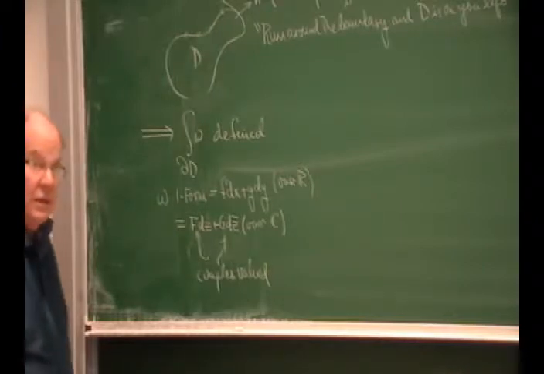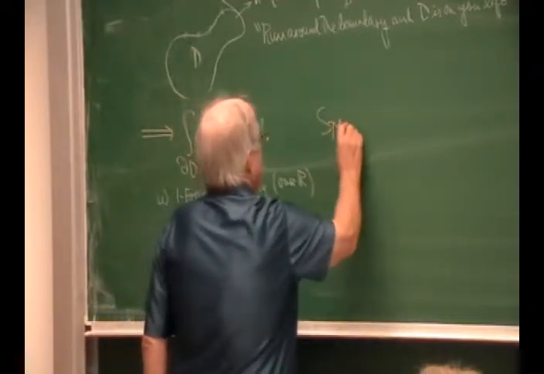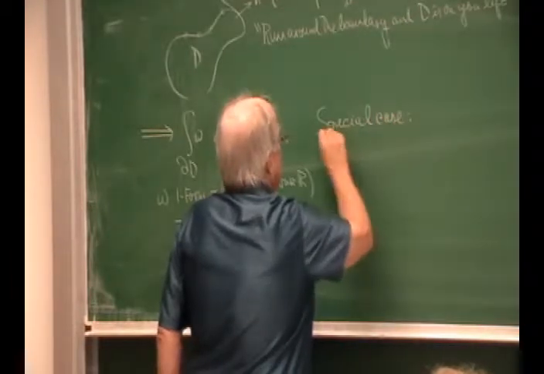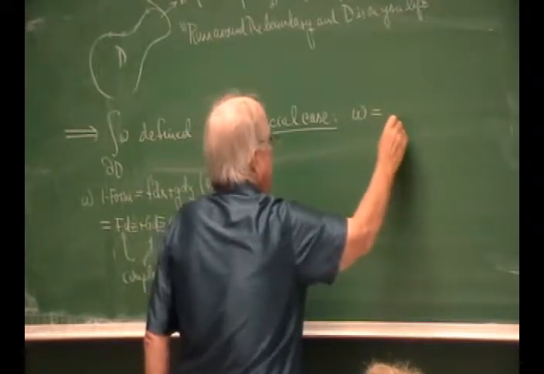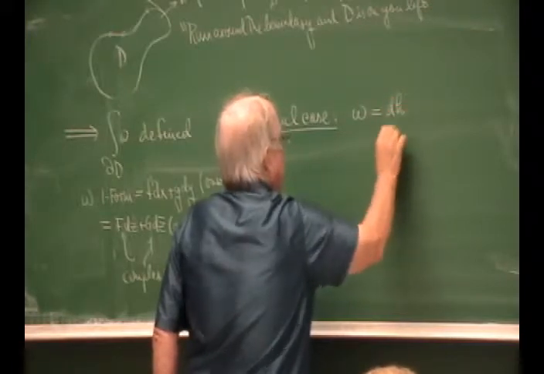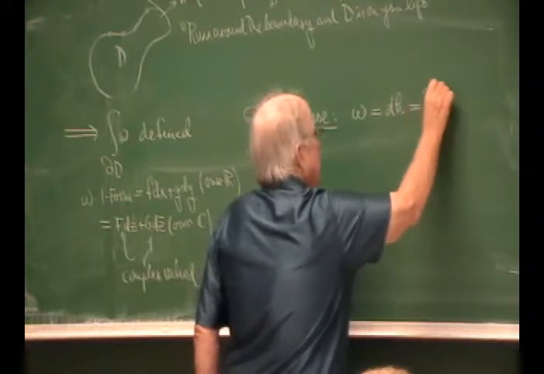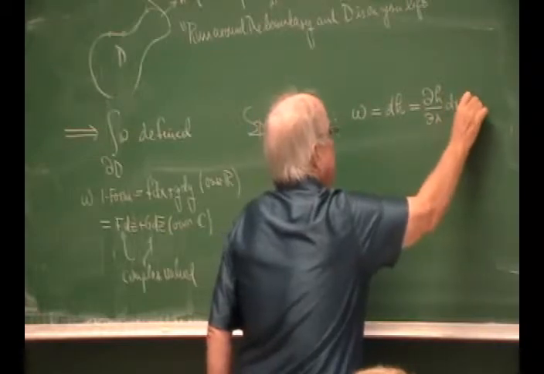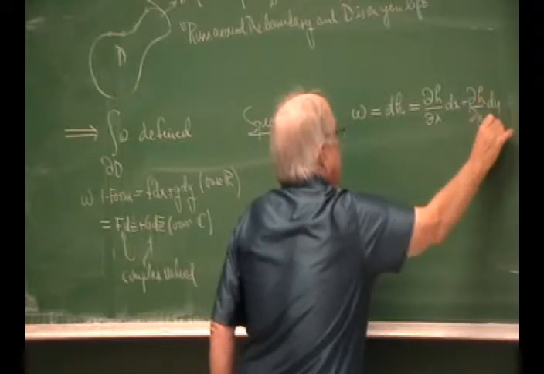And there's a special case, which is important. It's important when the one form omega is dh of a function. So it's more or less related to the gradient in this case, which we wrote down. That's a special case.